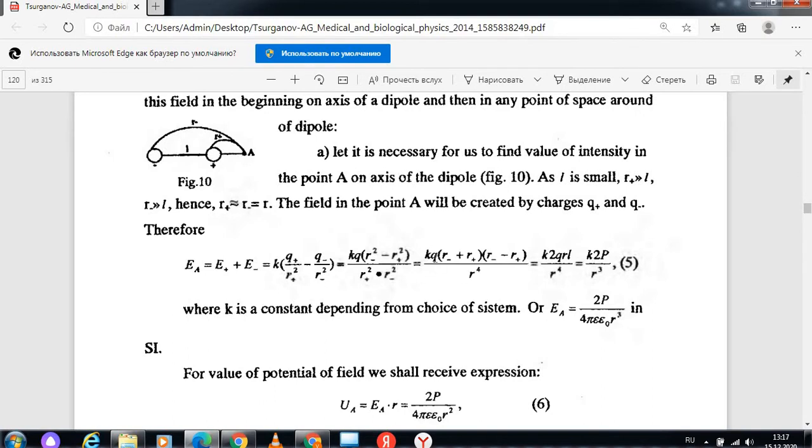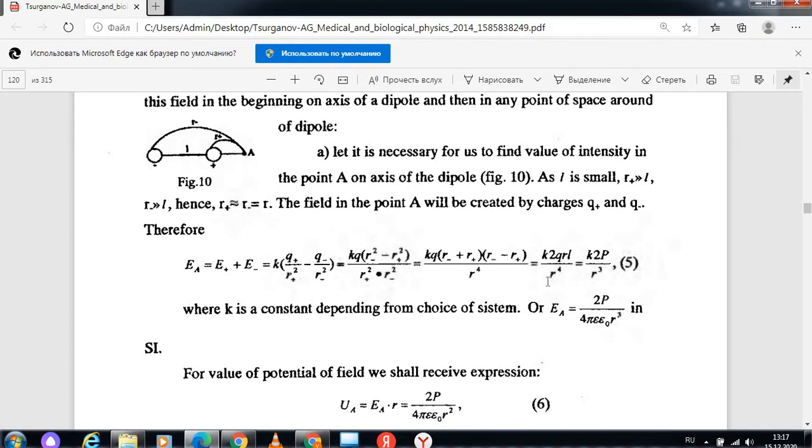So we have k, some constant depending on the choice of the system, some constant of proportionality here, but don't forget that we have two brackets here, r minus plus r plus, multiplying by r minus minus r plus, and some of this distance will be r, some of them will be L. So in the result we will have k 2q r L product divided by r to the power of 4.